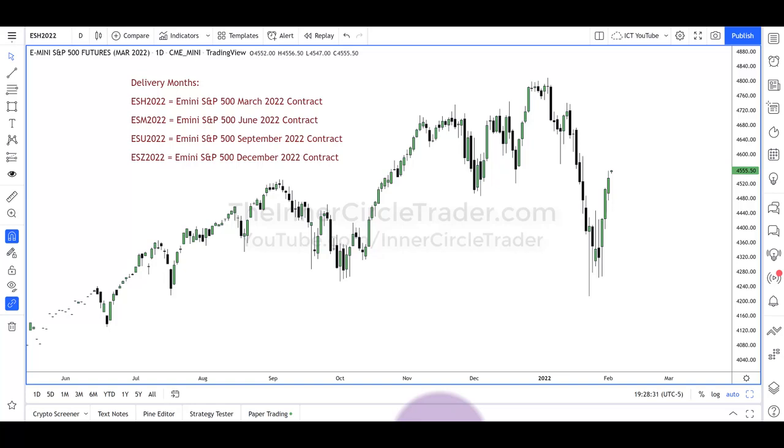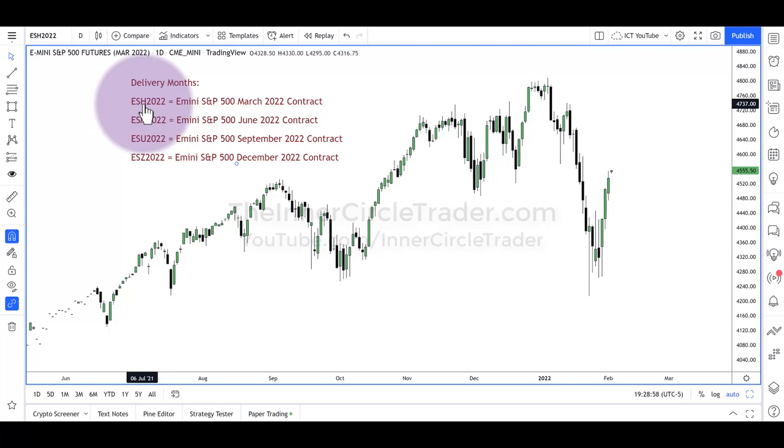All right, first things first, I'm going to get the boring stuff right out of the way. Whenever you're looking at futures, especially the index futures, these contracts trade with expiration dates. And the months that they trade are going to be shown here. ES is the symbol for E-mini S&P. H in this example stands for March.